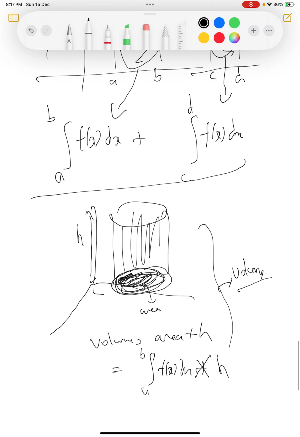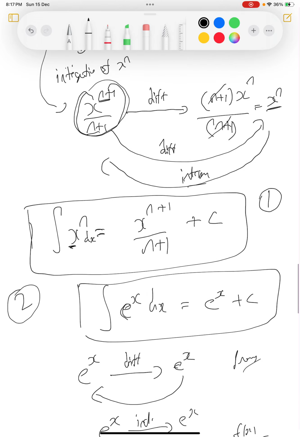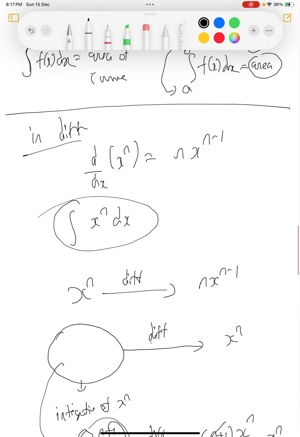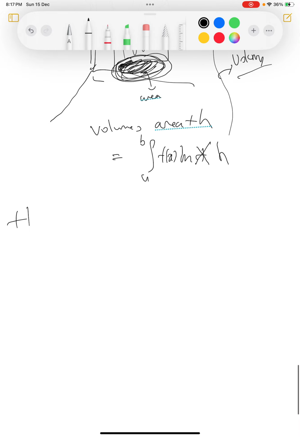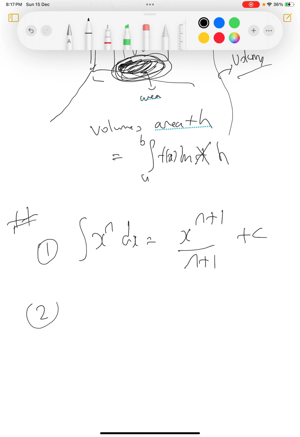So we have seen applications also now, and we have proved two formulas. The two formulas are: integration of x raised to power n dx is equal to x raised to power n plus 1 divided by n plus 1 plus c, and second, e raised to power x dx is equal to e raised to power x plus c.